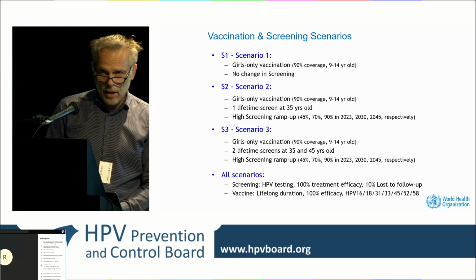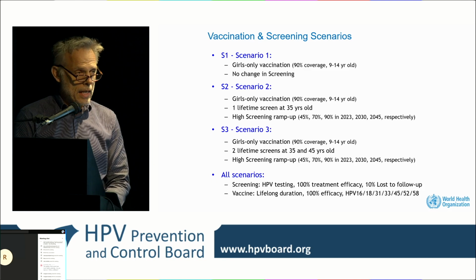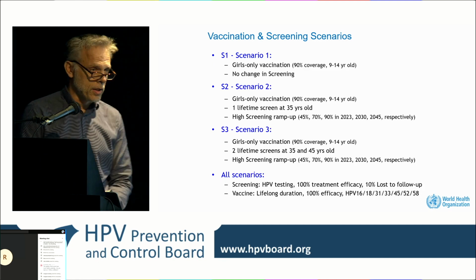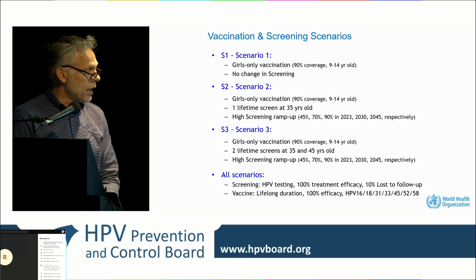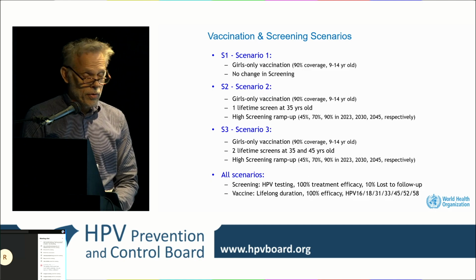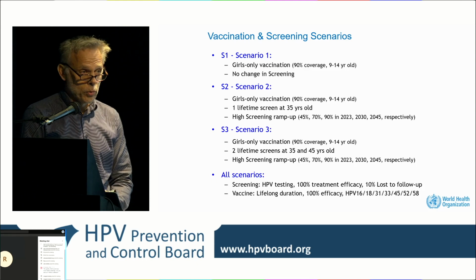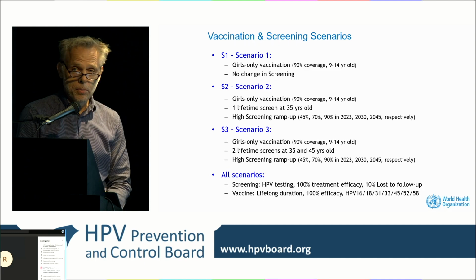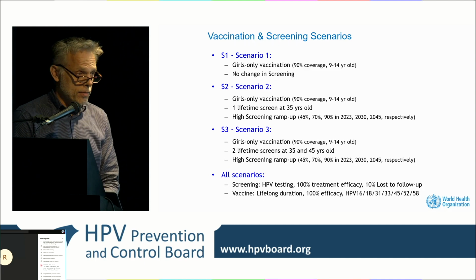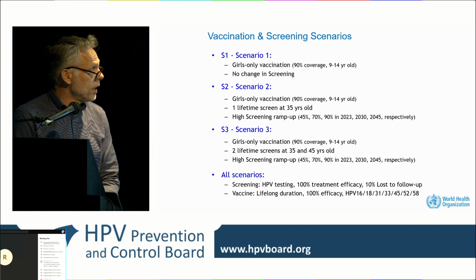We looked at many scenarios, and what I put up here are the scenarios that, out of about 16 different scenarios, made it into the final modeling. First, because modeling takes a lot of energy, days of computers running, we really couldn't do all 16 all the time, but also because it became quite clear that some scenarios had huge impact and others had very marginal, if any, impact.